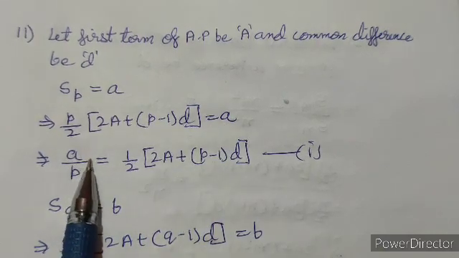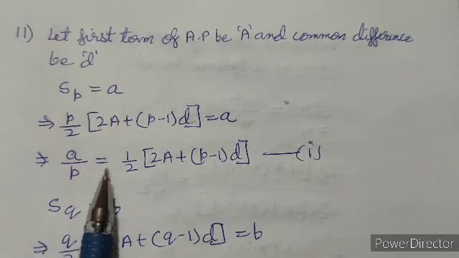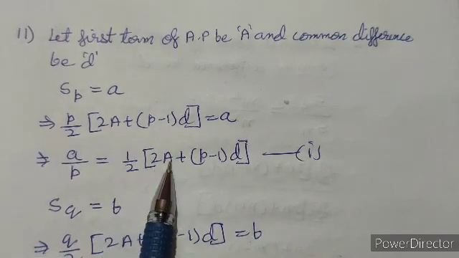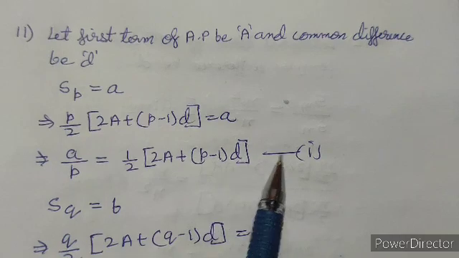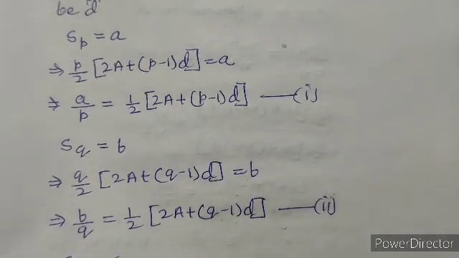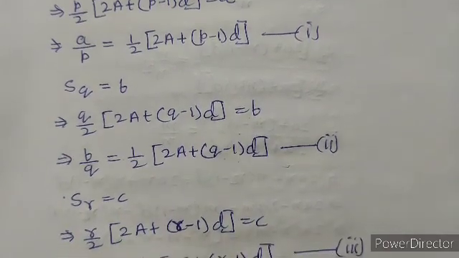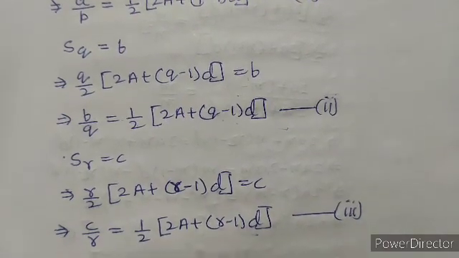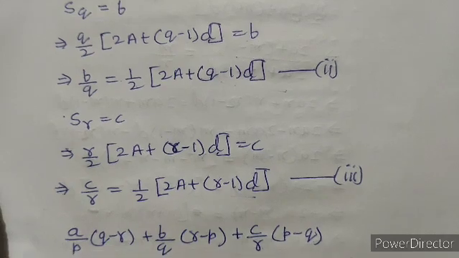On dividing both sides by p, we will get a upon p equal to 1 upon 2 into 2a plus (p minus 1)d. This is equation first. Now sum of first q terms is given to us as b, that means q upon 2 into 2a plus (q minus 1)d will be equal to b.